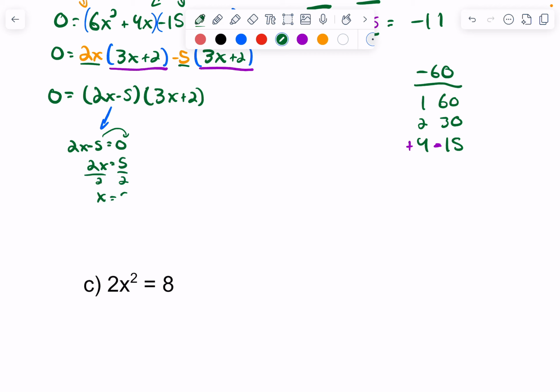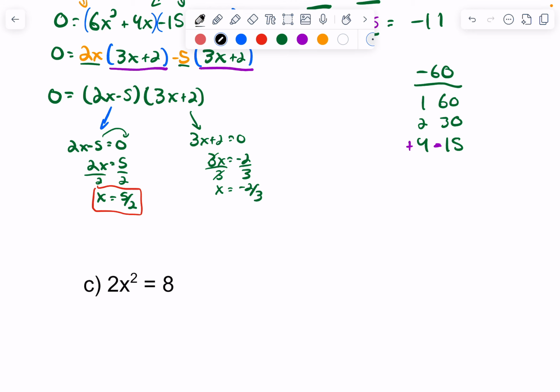So you get one solution, that's x of 5 over 2, so we'll need to verify that. And then this one right here, 3x plus 2 equals 0. When does that one equal 0? 3x equals minus 2. Divide by 3, divide by 3. X equals minus 2 thirds. Okay.